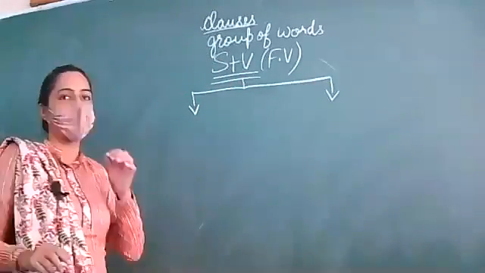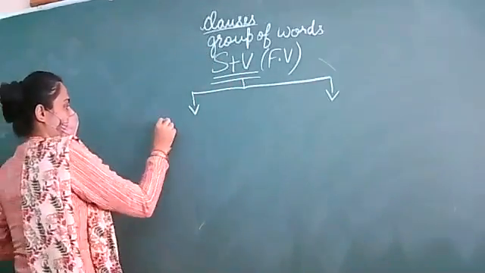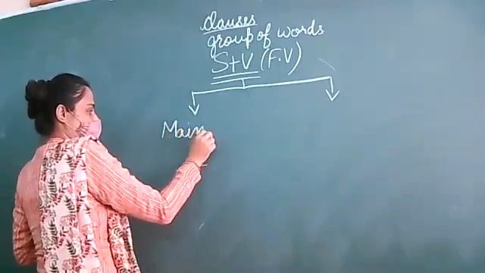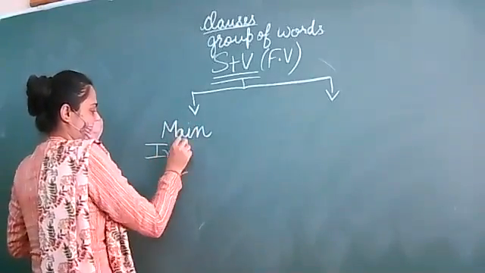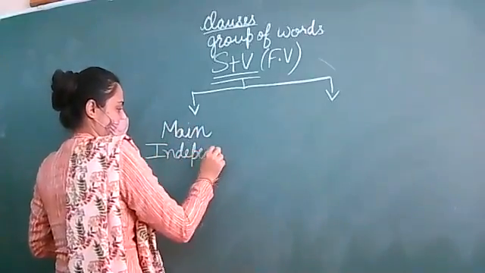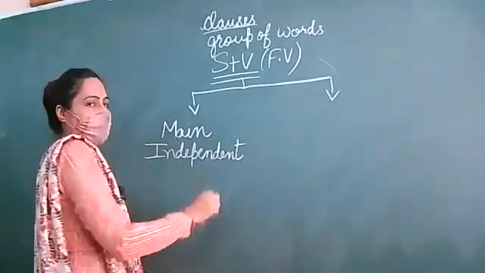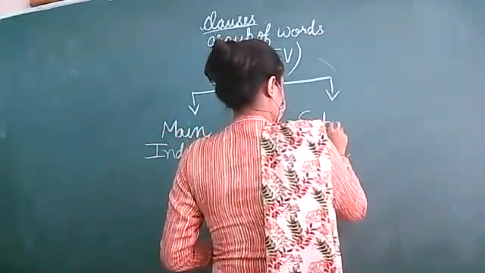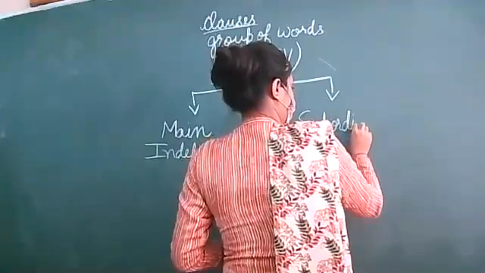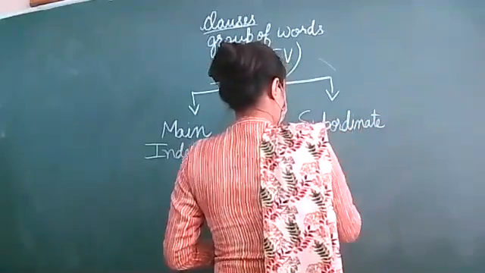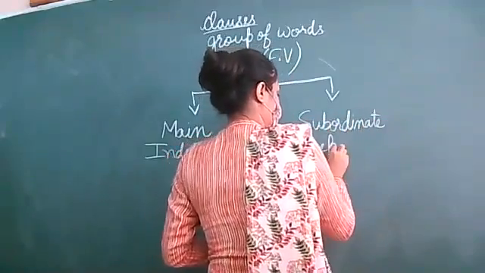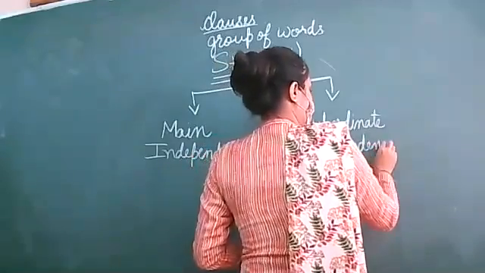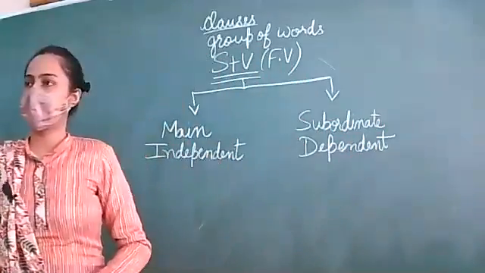So, there are two types of clauses. We'll divide the clauses into two parts. One is main, or it is also called independent clause. Other is subordinate, also called dependent clause. Got it?